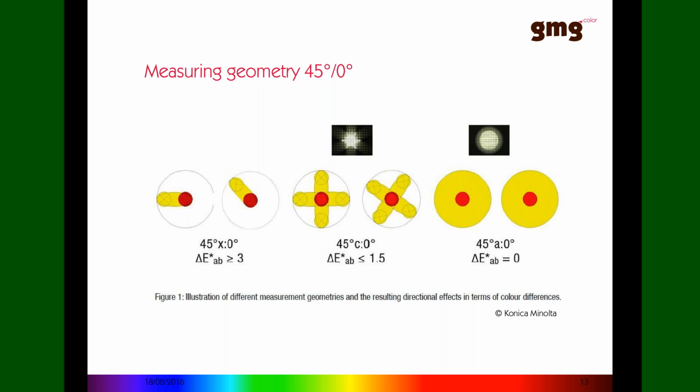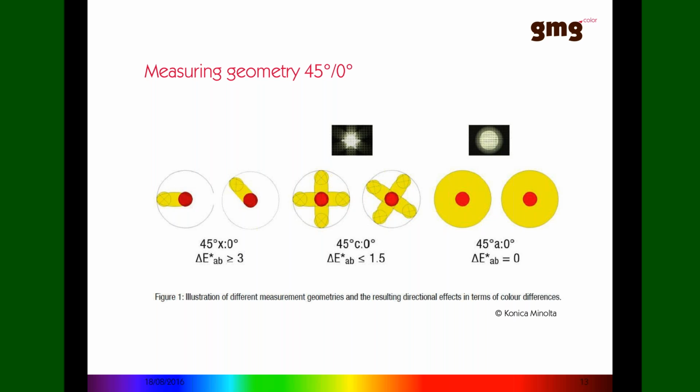If you turn your measuring device by 45 degrees, as you see in the second image from the left-hand side, then with such a very simple 45-0-degree directional illumination, you can have a difference of more than 3 delta E when you measure the same patch just by turning your measuring device a little bit. So this isn't very good.